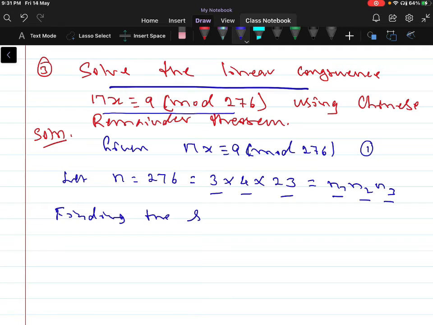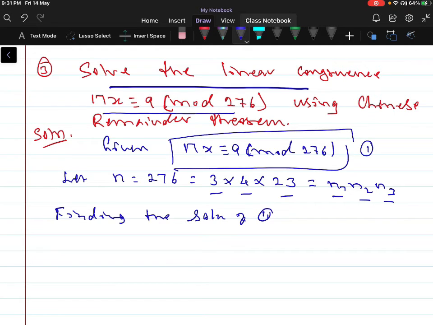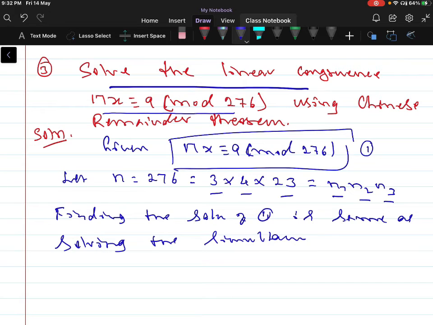Now finding the solution of equation 1 is the same as solving the simultaneous equations: 17x is congruent to 9 modulo 276, which can be written as 3 into 4 into 23.